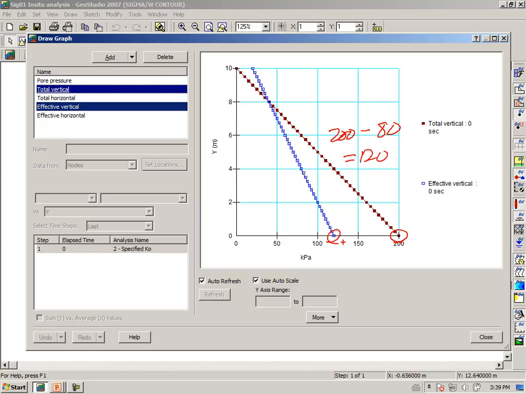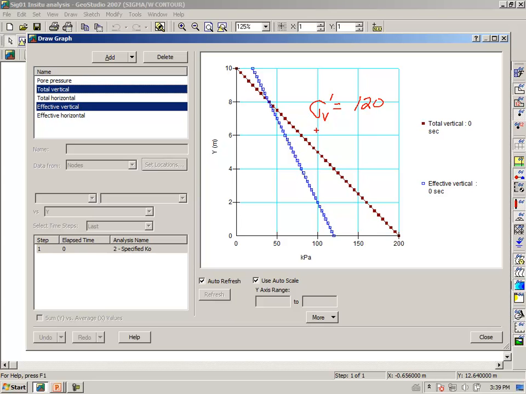That is the effective vertical stress at the base of the problem. So we have the effective vertical is equal to 120.